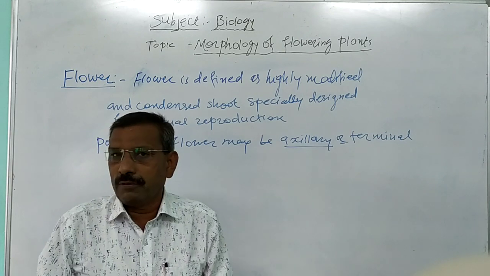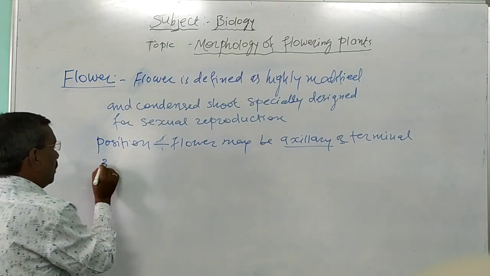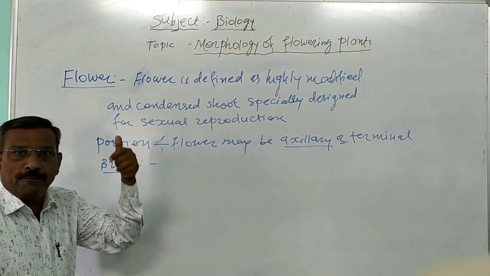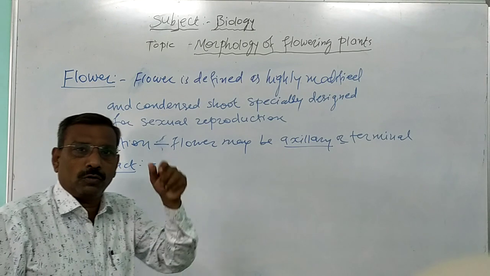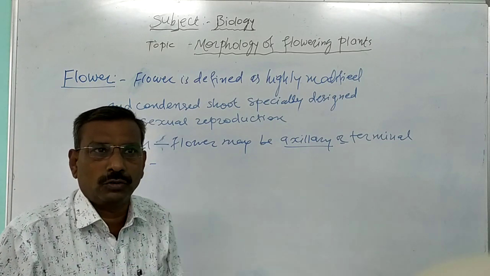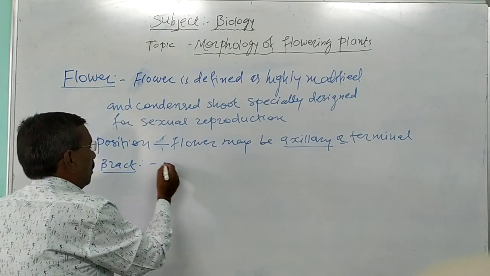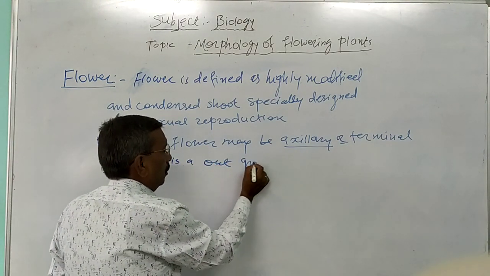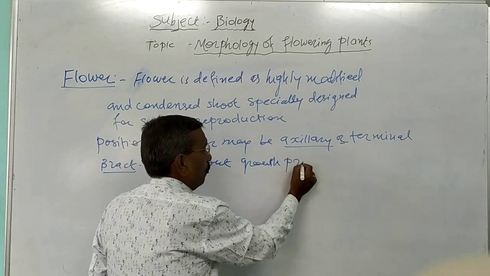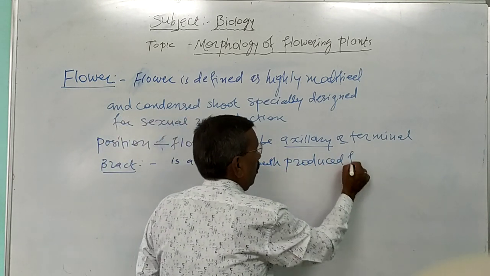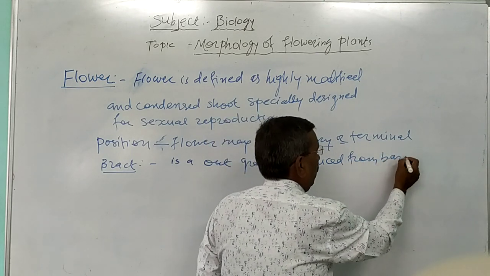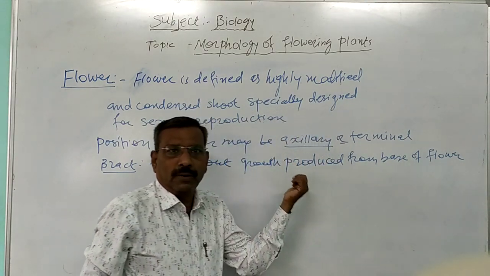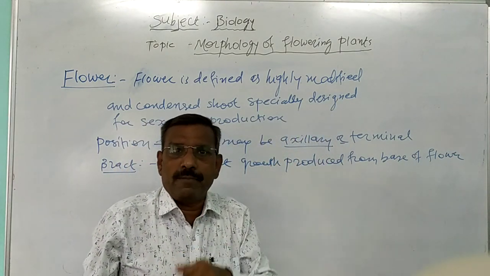Then the next one is a bract. From the base of a flower, a leafy outgrowth is produced. That leafy outgrowth is known as a bract. Bract is a leafy outgrowth produced from the base of the flower. But a bract may be present or it may be absent.